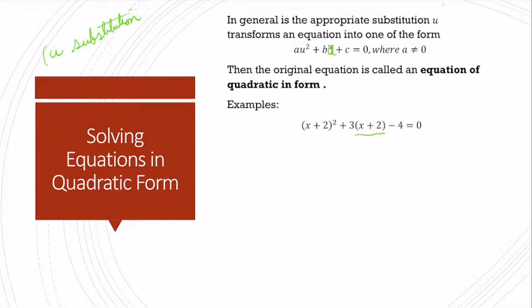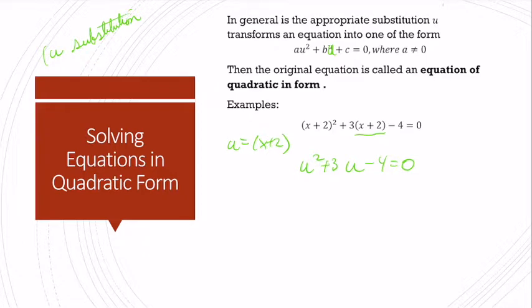It's always best to look at the term on your B and see if the A term is a square of that in order to check if this is indeed an equation in quadratic form. So here I'm going to let U equal x plus 2, and we're going to substitute that in. So I have u squared plus 3u minus 4. And then I can go ahead and solve this equation normally, okay?